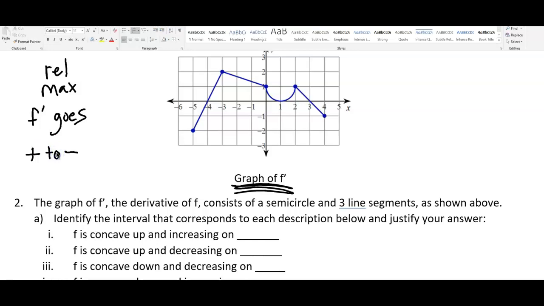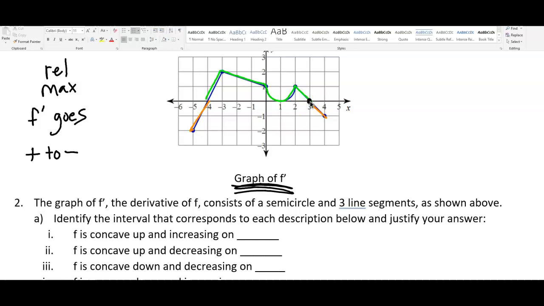Okay? Now, since this is a graph of f prime, it's positive anytime we're above the x-axis. And it's negative anytime we're below the x-axis. Okay? So, where on this graph does f prime change from positive to negative? Well, there's only one place that happens, and it's right here.